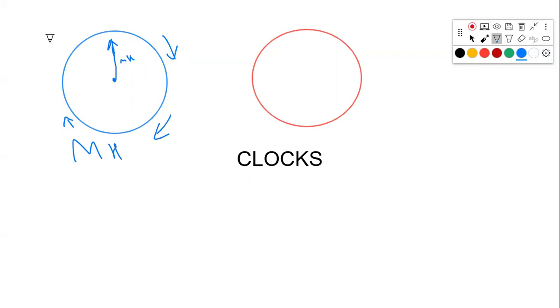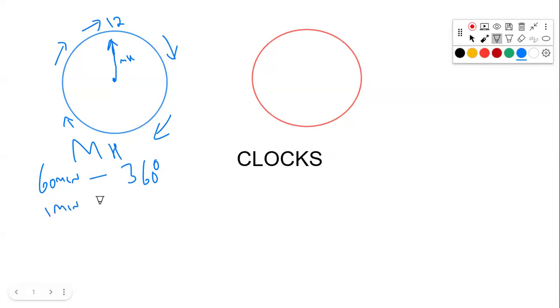It starts from 1, 2, 3 and again comes back to 12. Clockwise, it takes how many minutes? 60 minutes to make a full rotation, that is 360 degrees. The minute hand takes a complete 60 minutes to make one full rotation of 360 degrees.